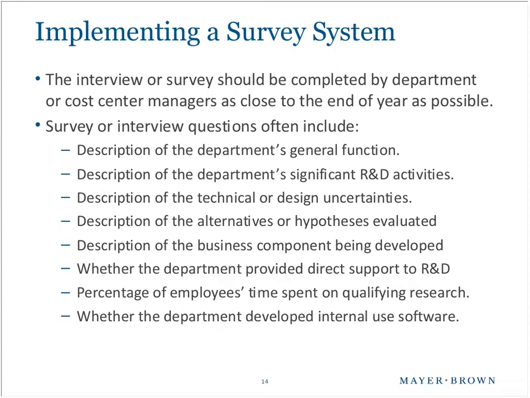In turning to how you would implement a survey-type system, typically the company starts with an initial look at the various cost centers or departments to determine which ones would have the likelihood of research activities, so that they don't send these surveys to the marketing group or groups that obviously are not likely to have research in them.